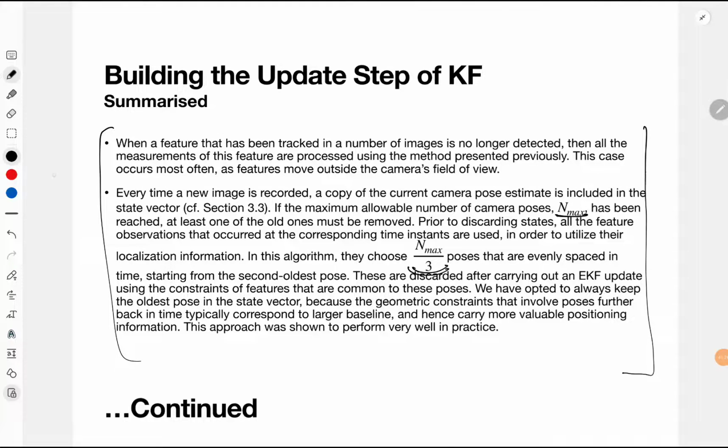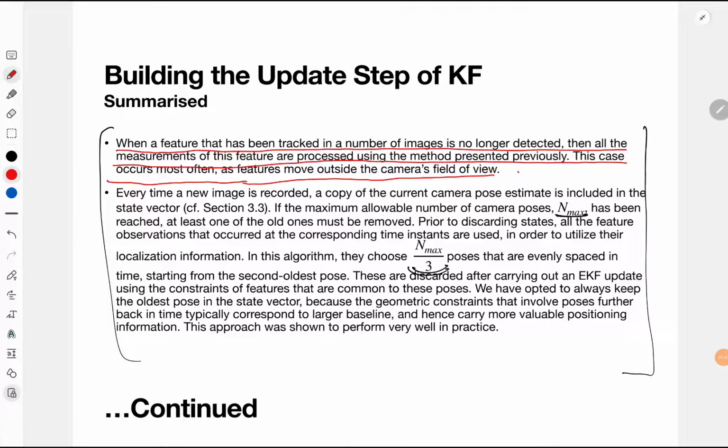And the other important thing I mentioned earlier: when a feature that has been tracked by a number of images is no longer detected, then all the measurements of the feature are processed using the method presented previously. This case occurs most often as features move outside the camera field of view.